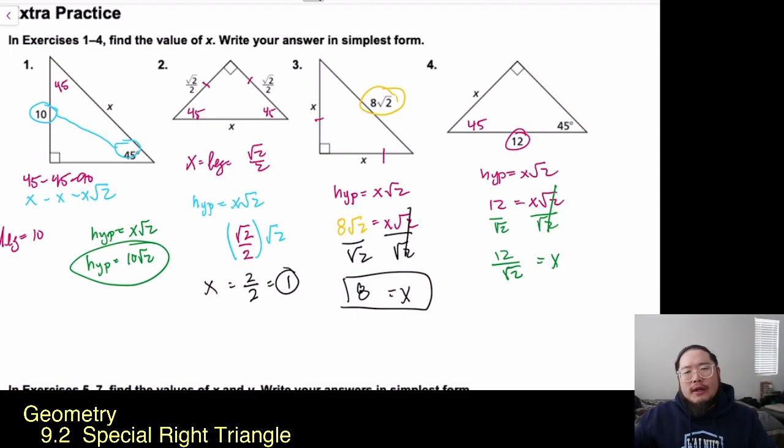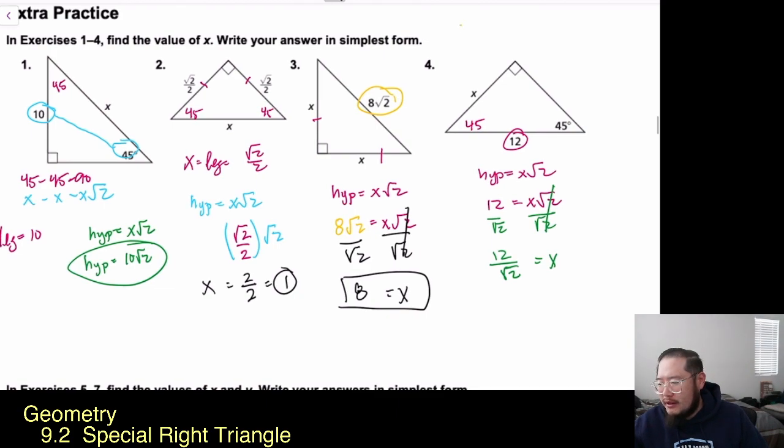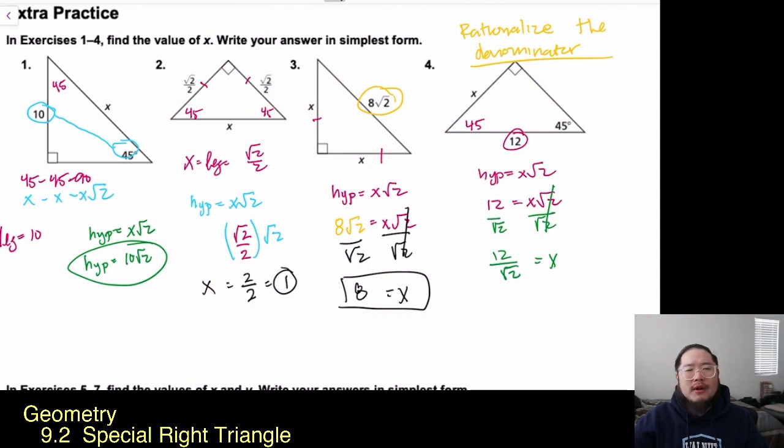So what we're going to do next is this step, what we call rationalize the denominator. I'll go ahead and write that down. But when you rationalize the denominator, and maybe you want to look it up, you might want to Google it. I'll go over it real quick, but if you need more examples, hit me up during tutorial.